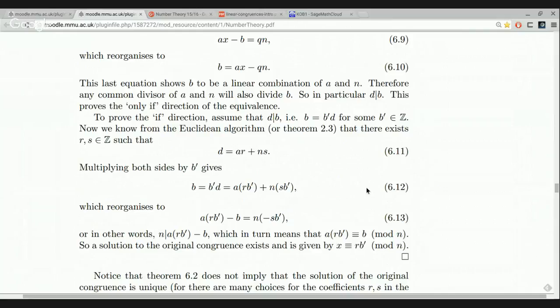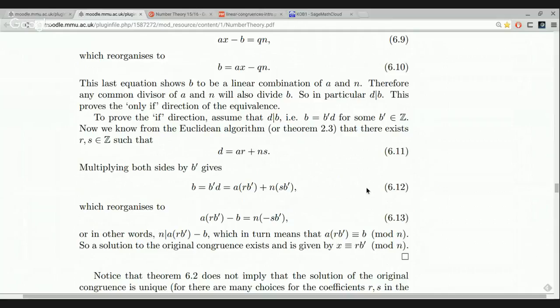So this shows that these two objects here are congruent modulo N. Their difference is divisible by N. So all the time we're moving through the definitions, from definition of congruence back to divisibility. So in other words, N divides the difference, which in turn means that these two are congruent.